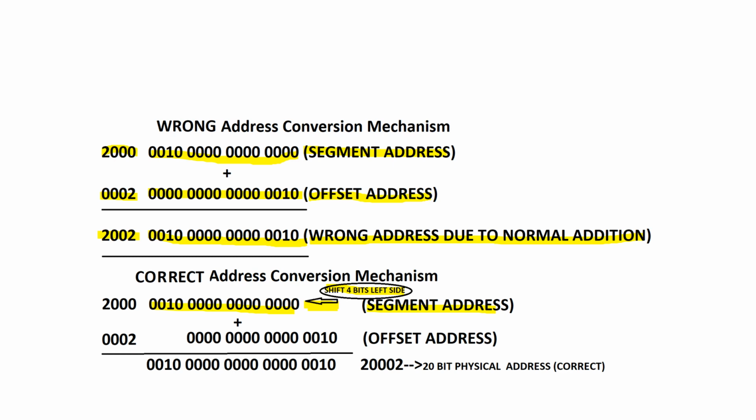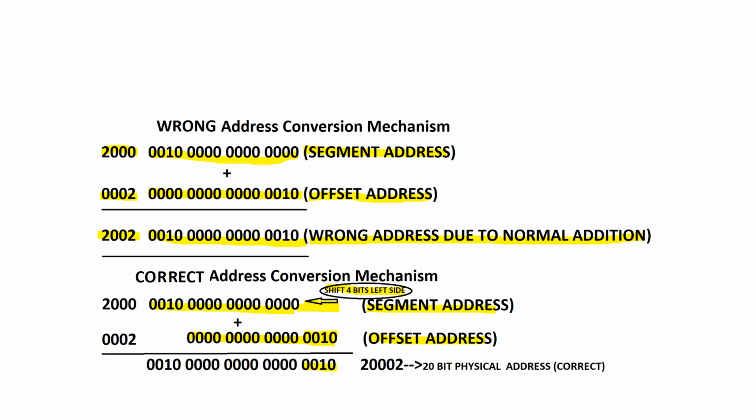I am not going to do anything with the offset address, which stays as it is. The vacant portion in the LSB of the segment address is considered as 0000. That 0000 will be added with 0010 of the offset address, which will produce 0010. Then the remaining is all normal addition.